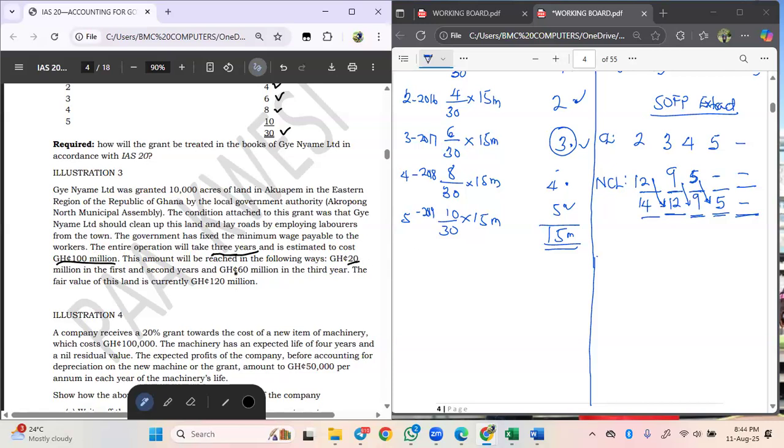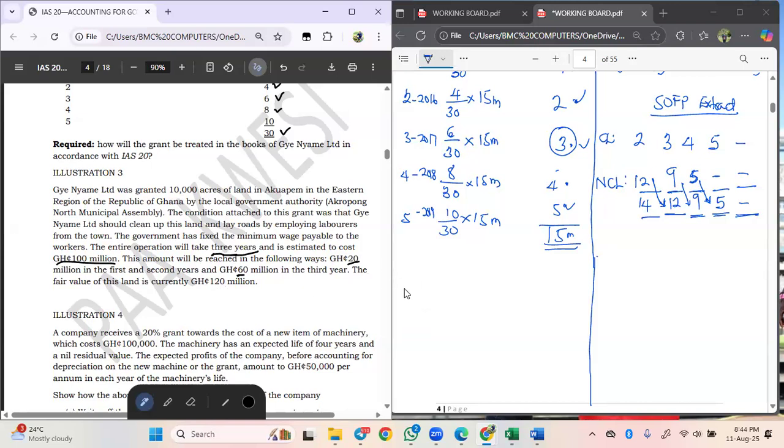And the third year, they will spend 60 million. The fair value of this land is currently 120 million. So this one was just an illustration to show you how you are going to do the apportionment that we did here. You are going to use this fair value, and it will be like this.